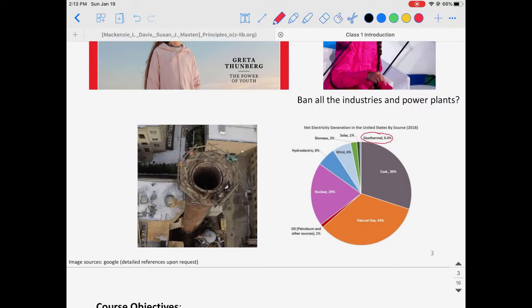So this is a very active step to convert our reliance on fossil fuel combustion into these renewable sources. But if you take a look at the electricity generation in the United States, this is the data from 2016, which is 3 years ago. I'll have to say that the pie chart will look quite similar, although the numbers might change a little bit.